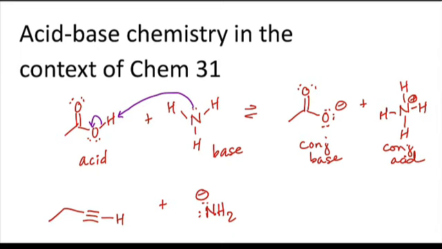Alright, so we can clearly see with all of that negative charge, this is going to be our base, and the other compound therefore must be our acid, and we can predict the products as follows.